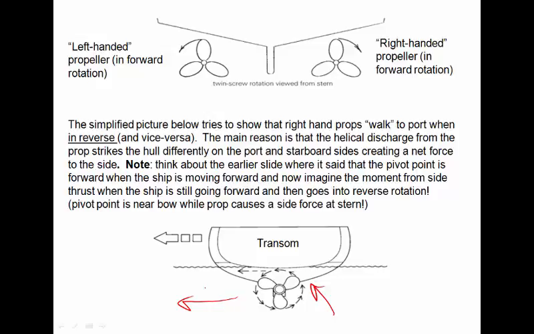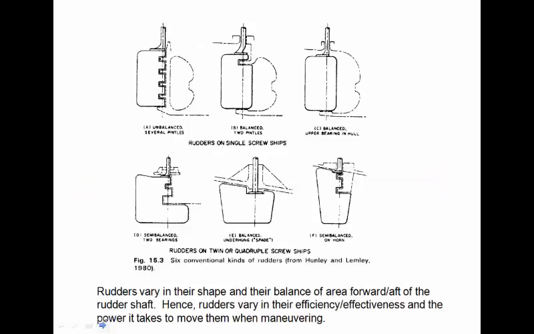So if I had a left-handed prop, it's going to walk the other direction when in the stern propulsion. And this has a lot to do with the way all of the water that's being shed off the propeller interacts with the hull, or a lot of those appendages that we saw in the last slide, because those exist for both a dual propeller and a single propeller ship. So we do have some amount of stern walk when we're operating these vessels in a stern propulsion.